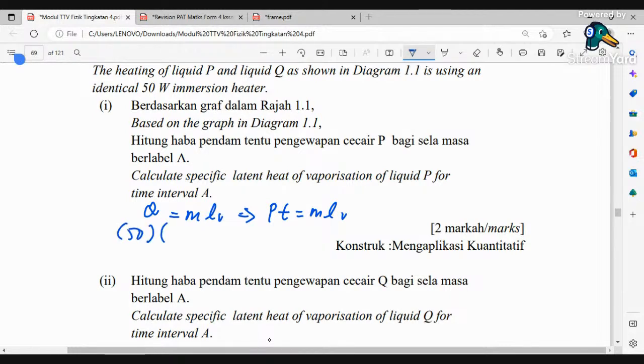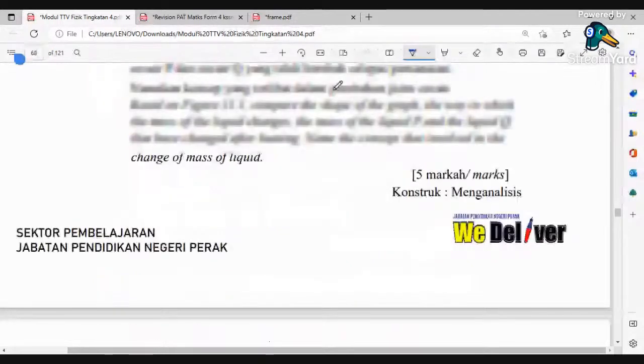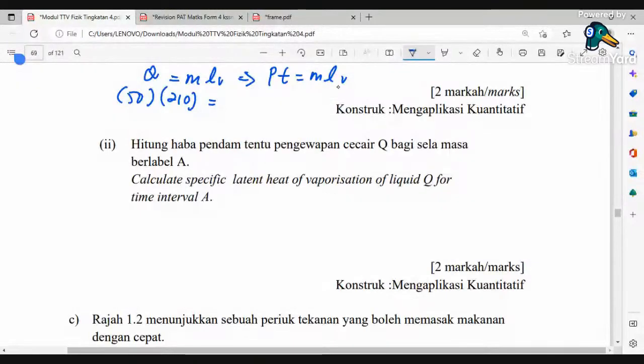Time of heating ialah berapa second. Kira lah untuk E tadi. 710 minus 500 is 210 seconds. And if you want to find mass, mass already calculated tadi.